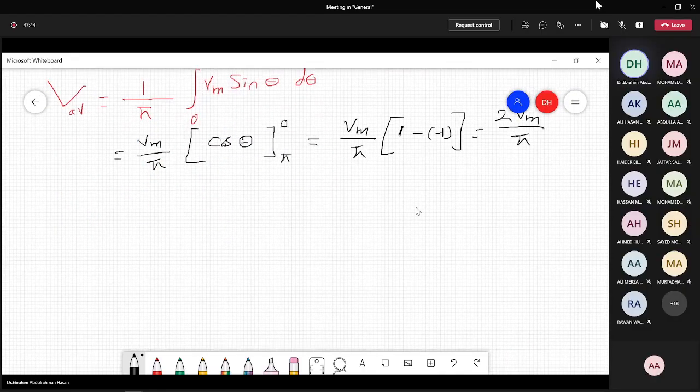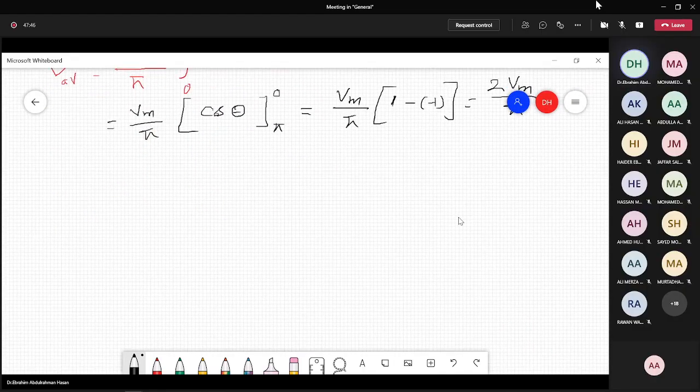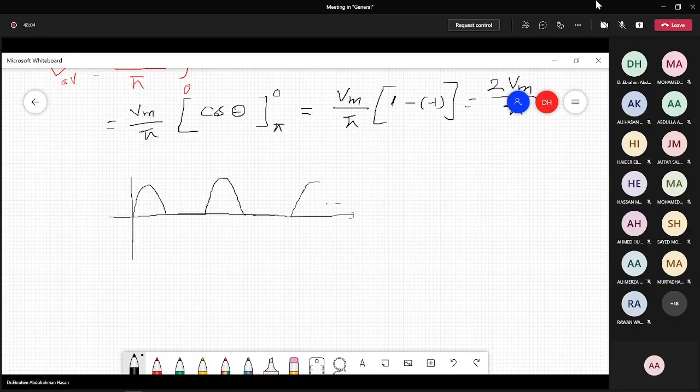Okay, what about the half wave? If we have a half wave, again this one is Vm sine omega t, which is theta.